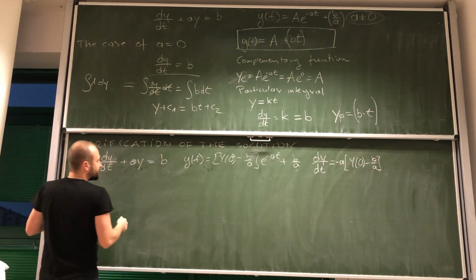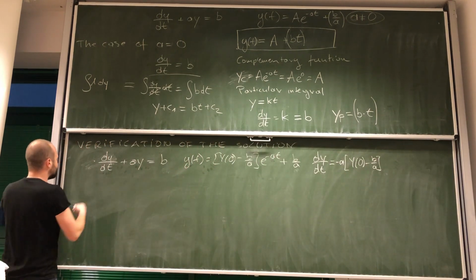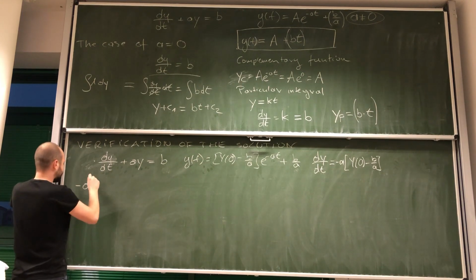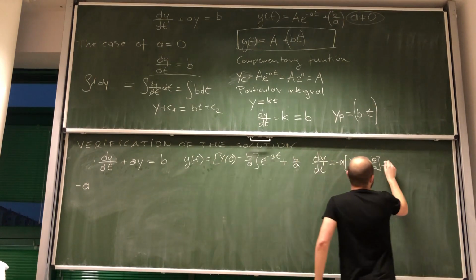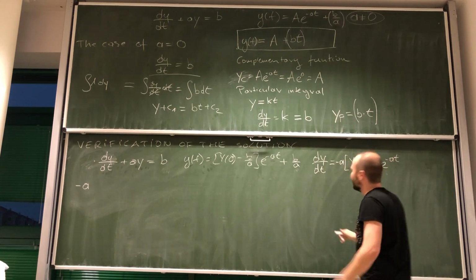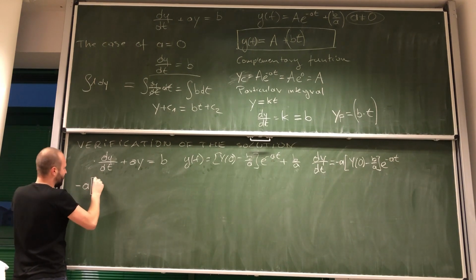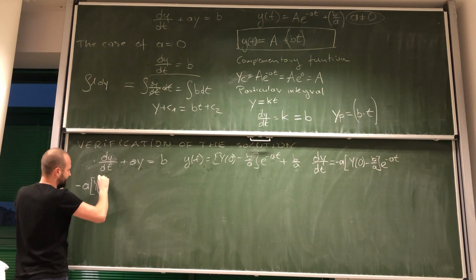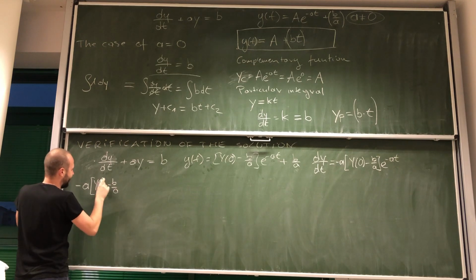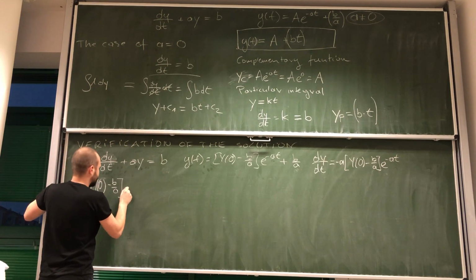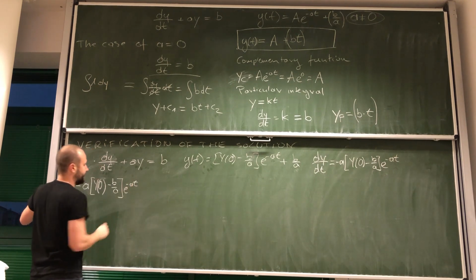So we start with the derivative. We've got negative a times e to the power negative at, so negative a times (y0 - b/a) times e^(-at).